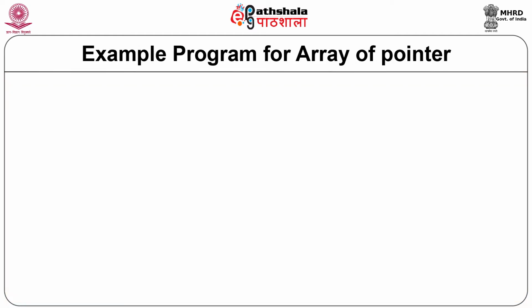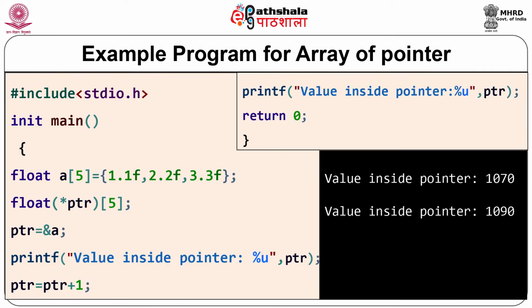Let us see an example of array of pointer. In this example, you can see a sample program which includes array and pointers. Let us see the program. In this program, you will find different statements like #include <stdio.h>, that is the header file, then int main(), float A[5] = {1.1f, 2.2f, 3.3f,...}.